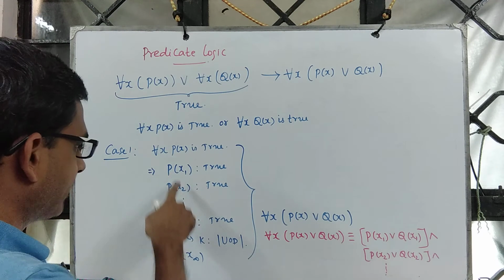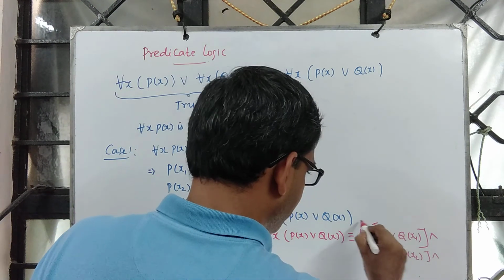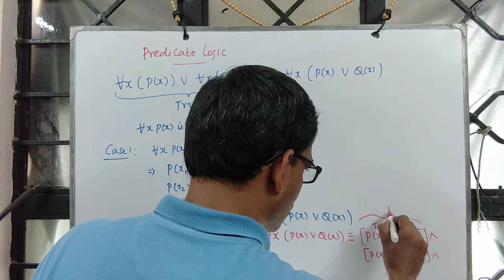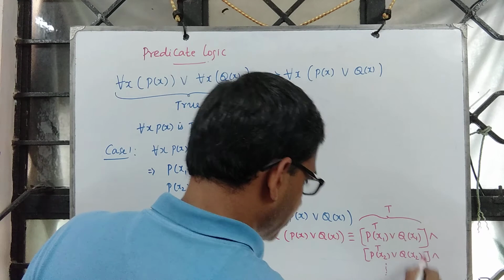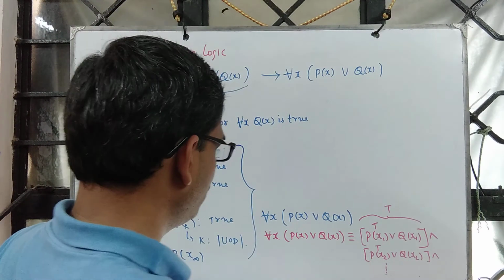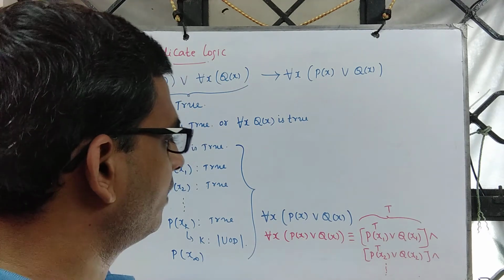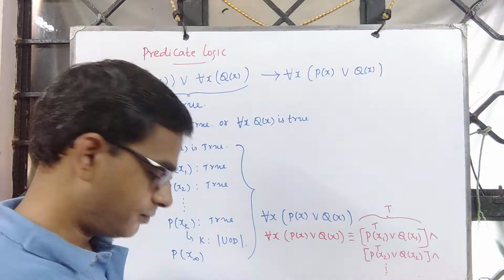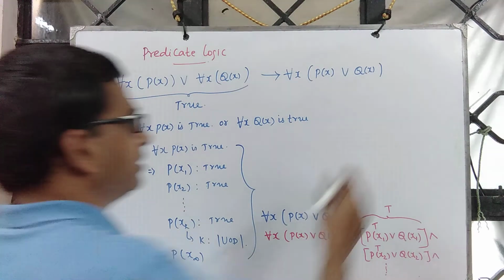Since it is true for x1, x2, so on up to this, this expression is true. We see that for each of them it is true, so one can conclude for all x, p of x or q of x. So this tells us that this direction is true.